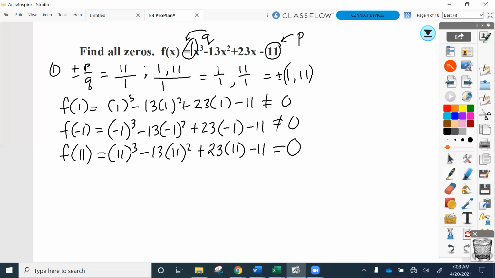Okay, so we know that 11 is a 0. So we're just going to use that 11 in our synthetic division with this polynomial using the coefficients of the original equation f of x.